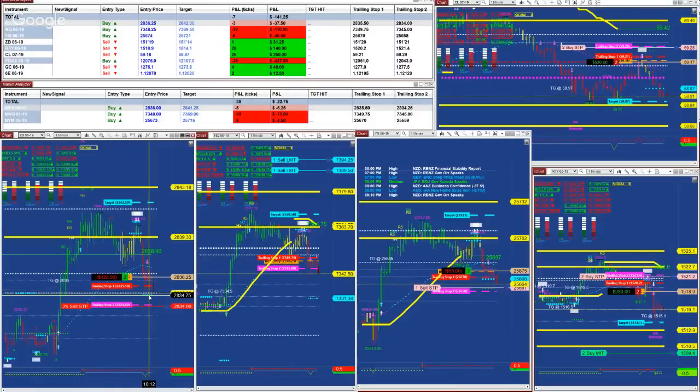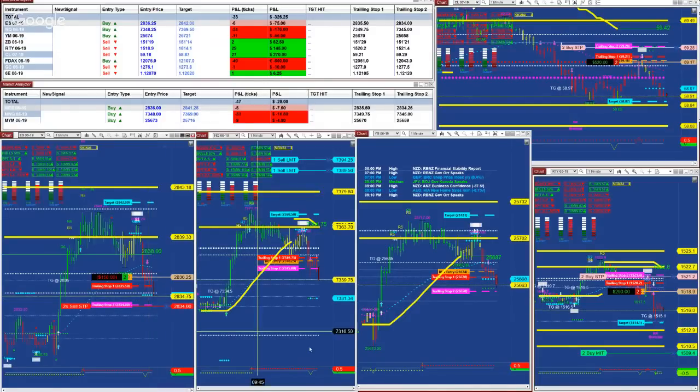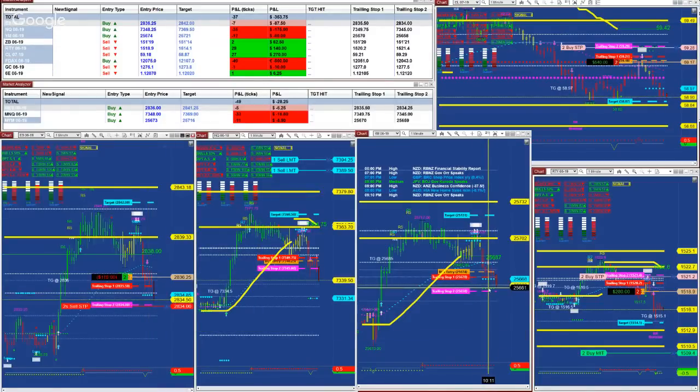So you need to mark your ES. We need to break the 35. We need the bar to close below 28.35. That is going to ignite a new signal on the NASDAQ, and that will be genuine to take that trade. And now we are on the last bumper here with the projection on the YM.